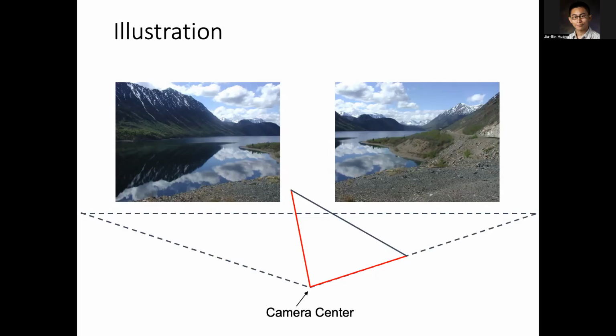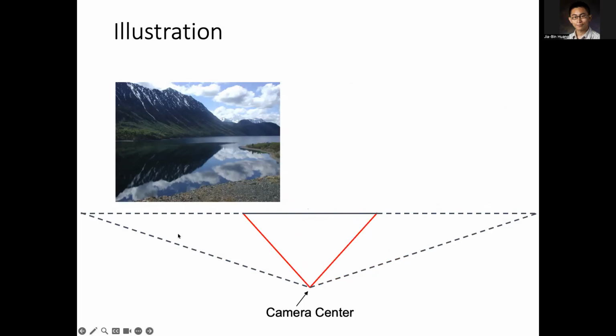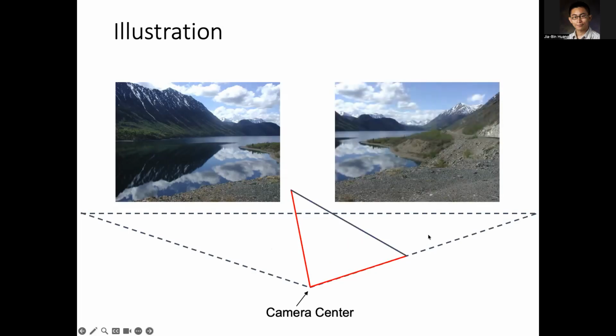Originally, this is the plane of the first image, and this is the plane of the second image. Now they live in different planes. The image lives in this plane, and the original image lives in this dashed plane. So we need to somehow map a point on one plane to a point in the other plane, and the way we do this is that we figure out the correspondence.